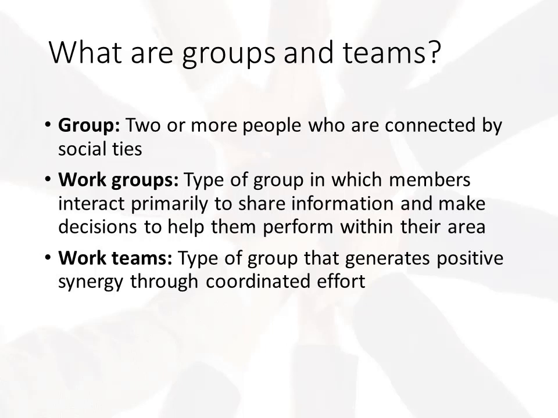Members of some groups interact frequently, while members of other groups interact only occasionally. Groups also vary in purpose, size, structure, and roles. Work groups interact primarily to share information and make decisions that help group members perform their job.